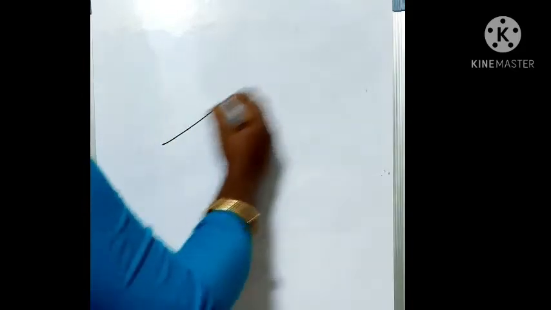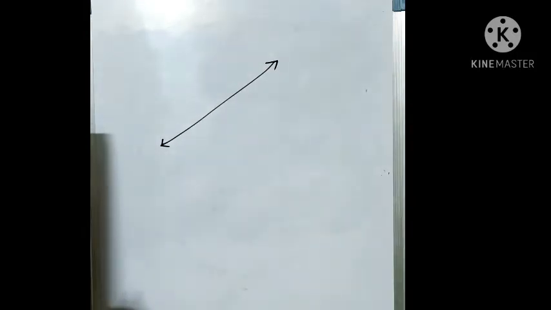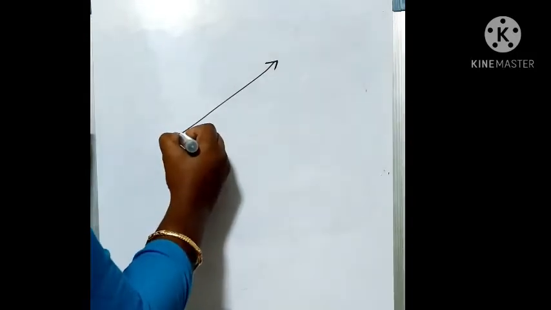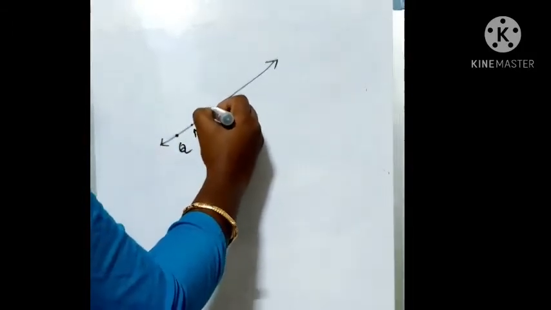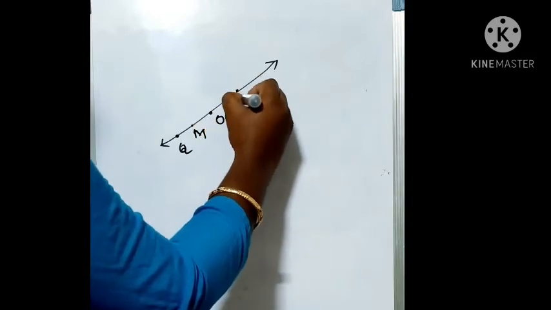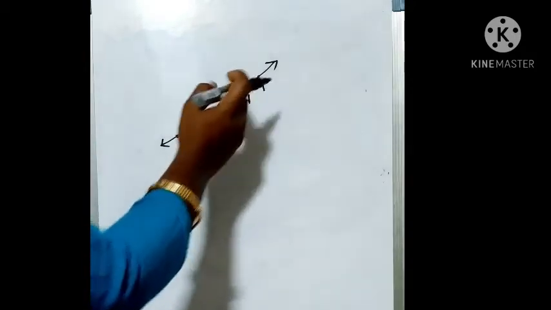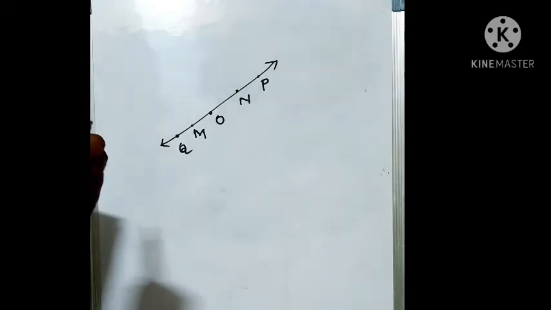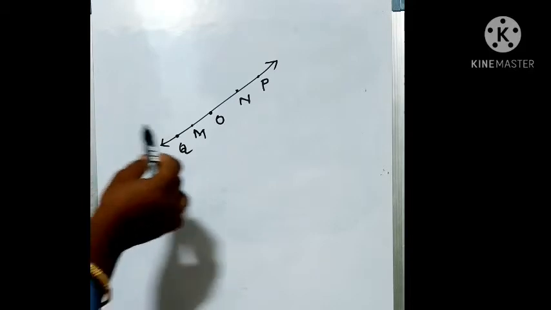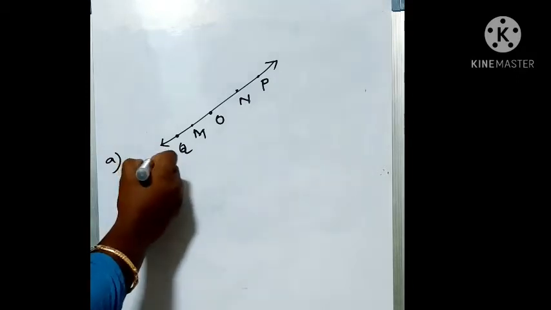It is the line segment MN, and there are many points: Q, M, O, N, P. Here consider Q, M, O, N, P. Are they points on the line MN? Yes, isn't it? So the first one, A, is true.